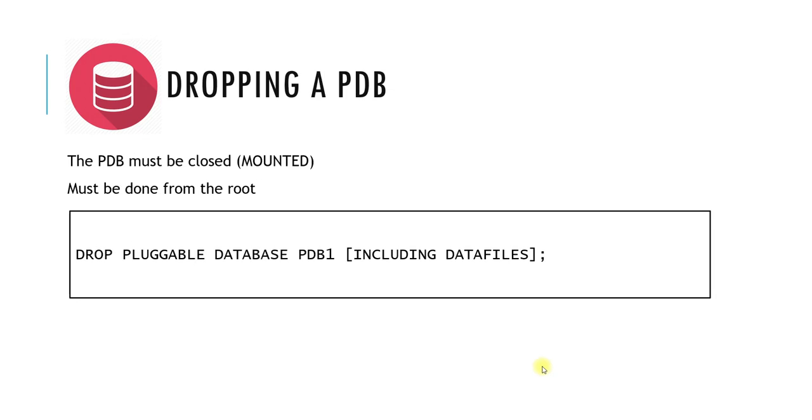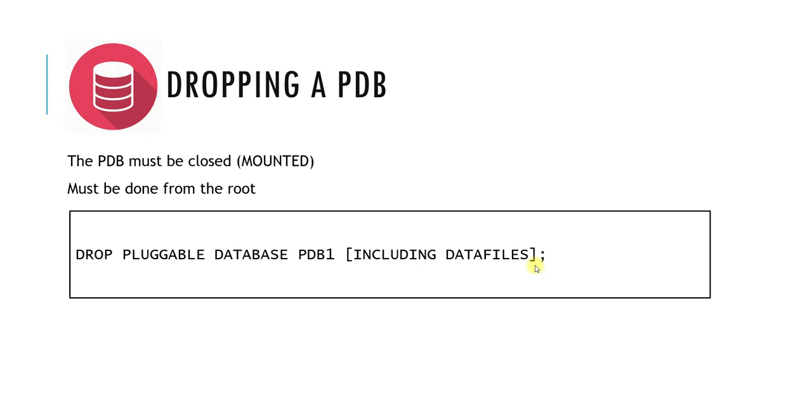Now, dropping a PDB. If you want to drop a PDB, first of all, it needs to be in mount state, that is closed state, and then you can issue the command drop pluggable database and the pluggable database name. Including datafiles is optional. If you don't mention it, the data files will not be deleted and will still be sitting on your hard disk.